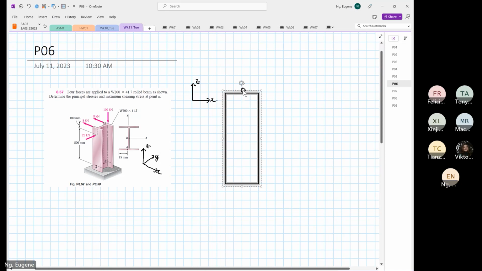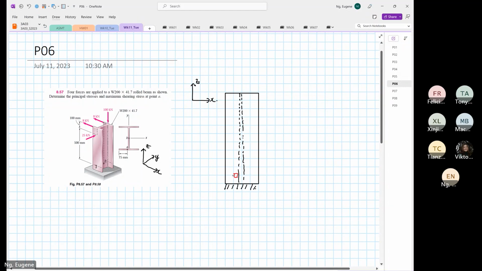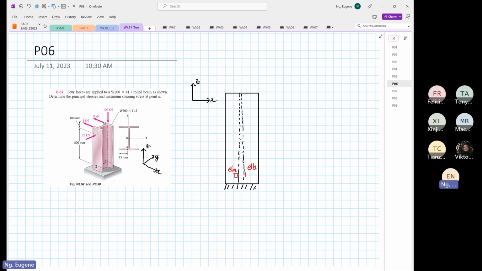Okay, it's going to look like this, and then I'm going to draw the dotted line, the hidden detail of the web. And we know that this is built in. Then we know where our element A is, and over here, this is our element B.